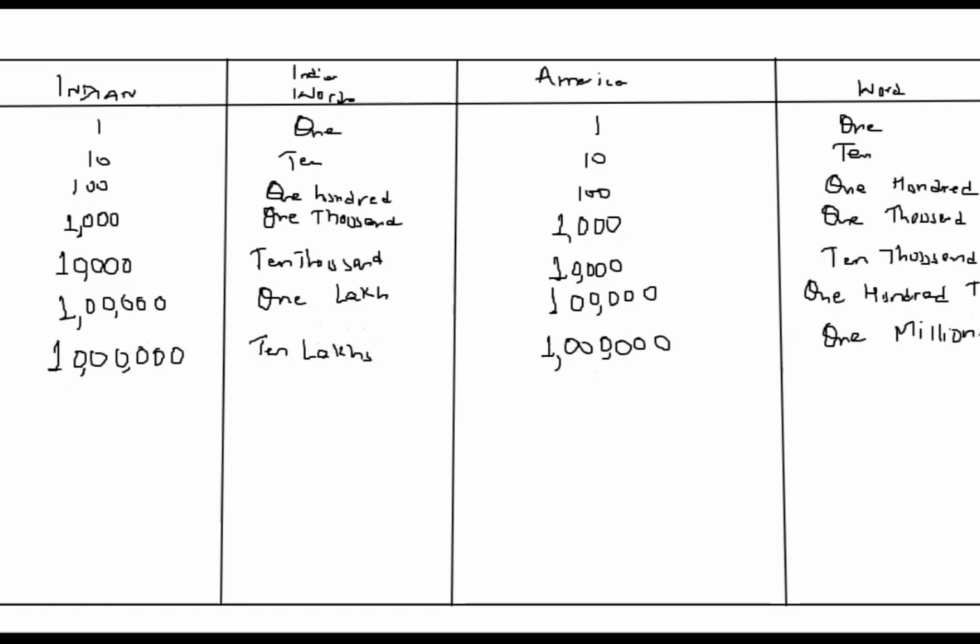Okay. Going further, let's say if I add one more zero, period after the third digit, then after every second digit. So now we have 1 crore.